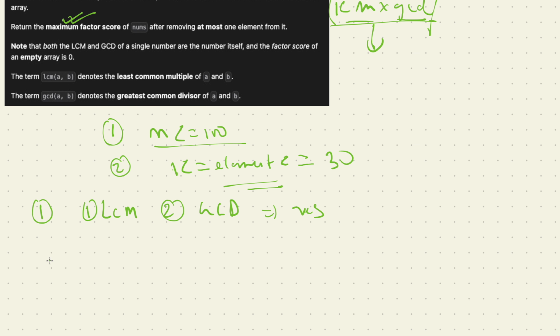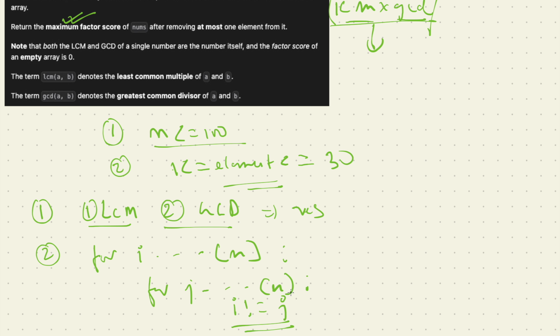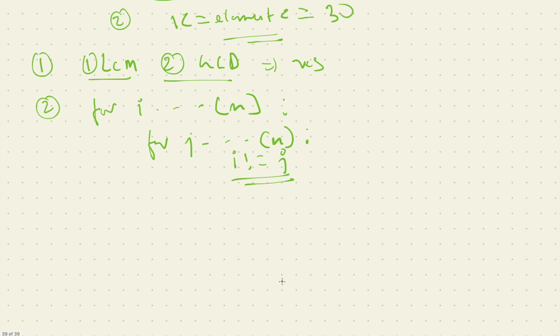So we got one result, and after that we just went over the list within nested for loops, for i whatever n we have, for j whatever n we have, and whenever i is not equal to j, we just calculated the GCD and the LCM.